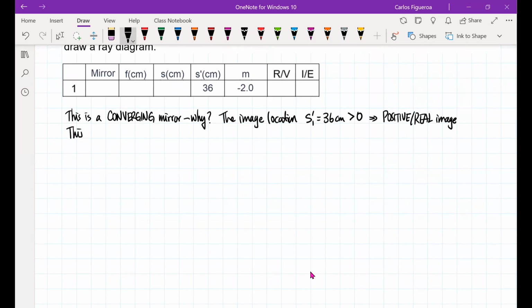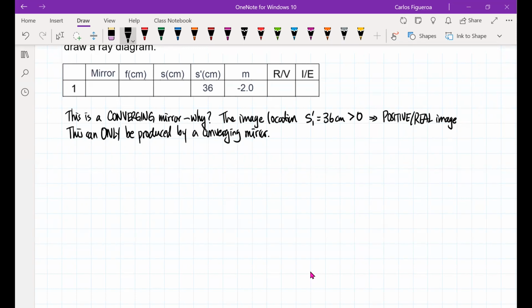This can only be produced by a converging mirror. Or if you want to say concave mirror, that's okay.